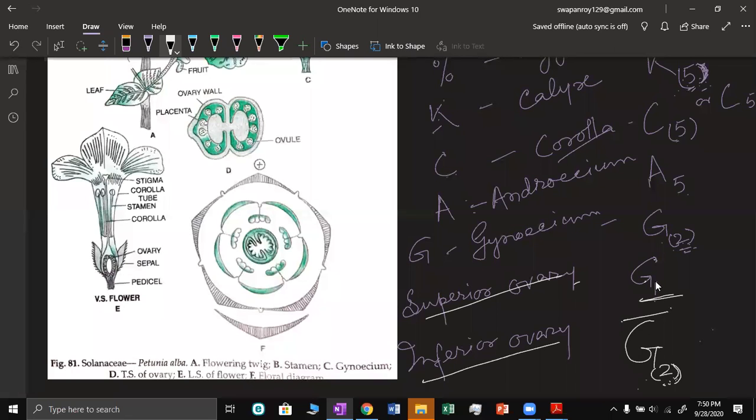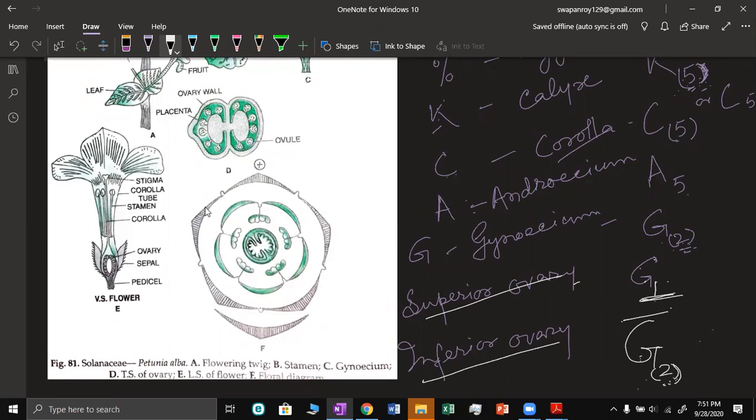Here it is showing monocarpellary and superior ovary. This one, the ovary is inferior. Here the ovary is superior.